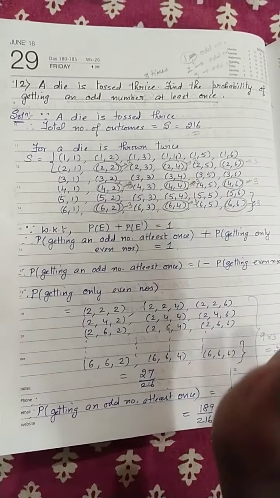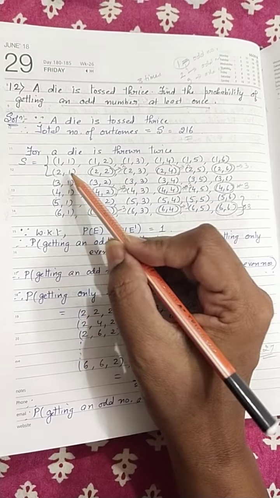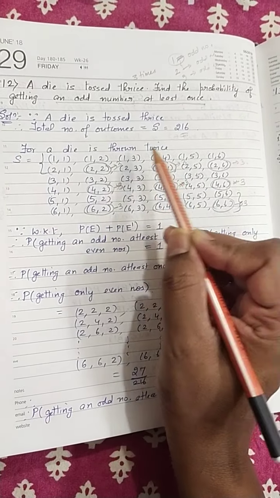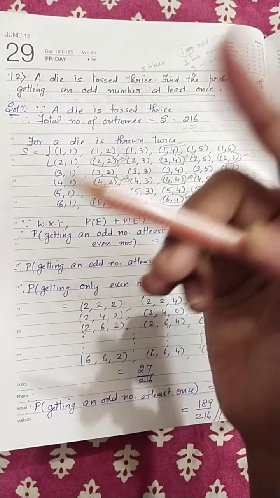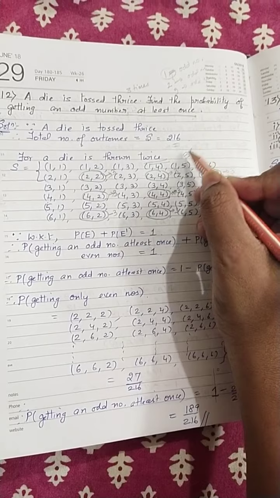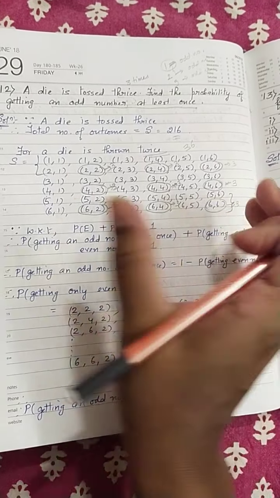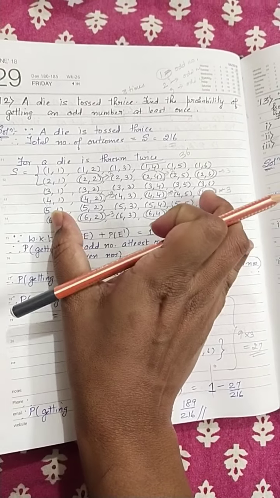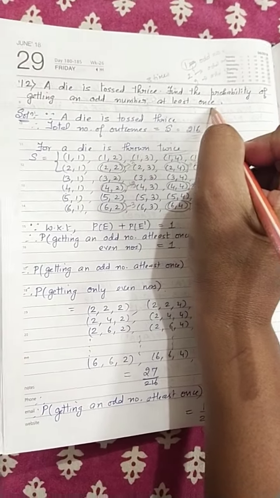So what I did is I wrote the sample space of a die thrown twice. When a die is thrown twice, the number of outcomes in the sample space is 36. This 36 I can write here. With the help of this sample space, I will find the probability of getting an odd number at least once.